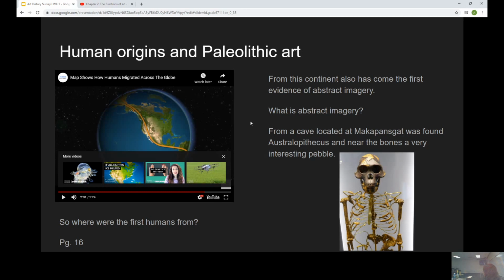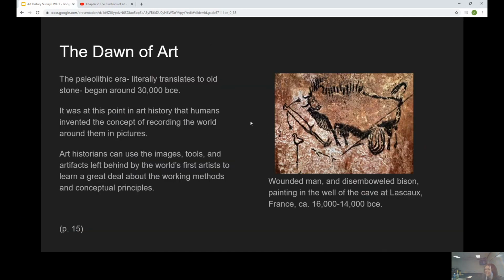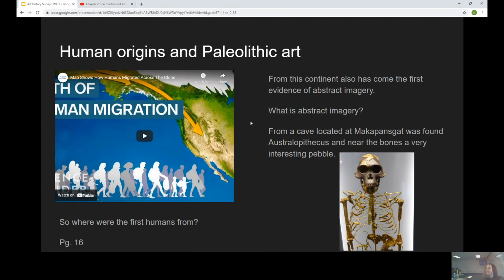So if you're thinking of illustrating a human as a stick figure, that would be abstract imagery, if we're taking it down to its most basic form. And this guy is abstract imagery. So a good chunk of what we have from these people is abstract imagery.